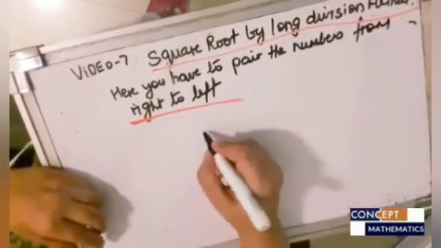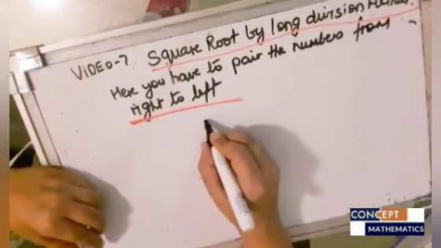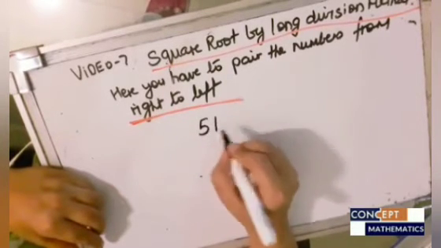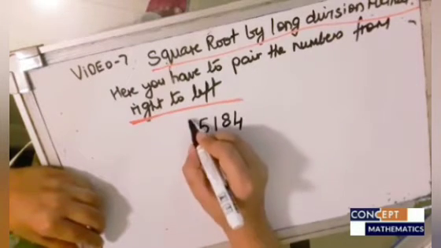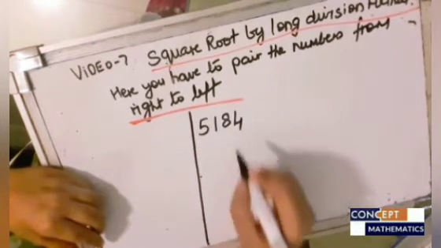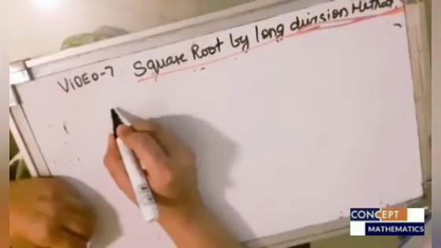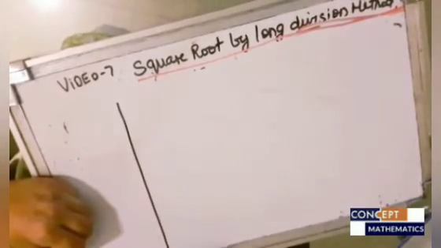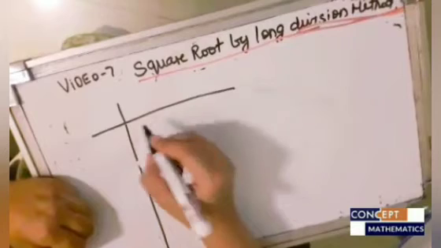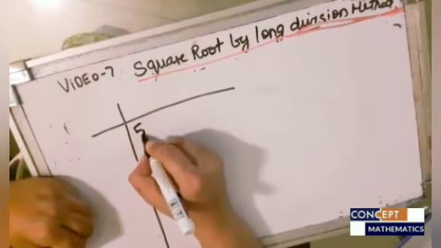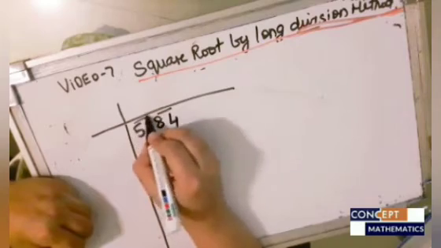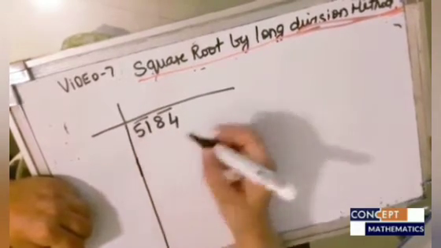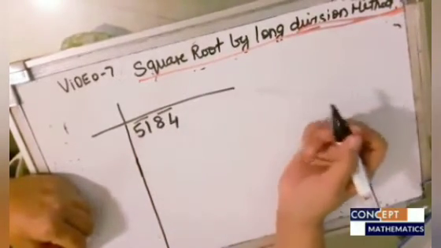So your number is 5, 1, 8, 4. We start our sum from here. That is 5, 1, 8, 4. We are pairing it two numbers from left to right.